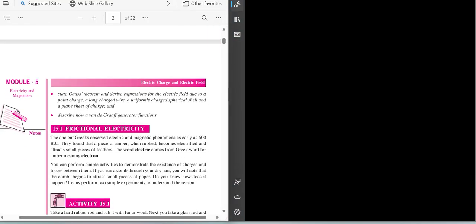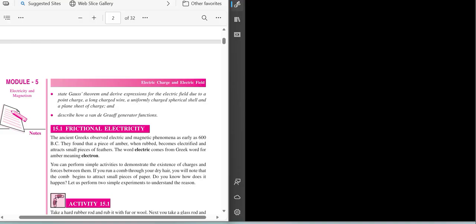So now some basics about electric field and electric charges. Just read out the text. The electric and magnetic phenomena were observed by ancient Greeks. One of the things they did was rub a piece of amber with rubber or maybe a cloth.